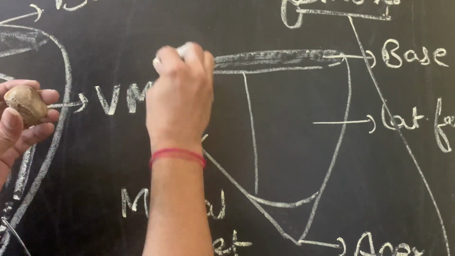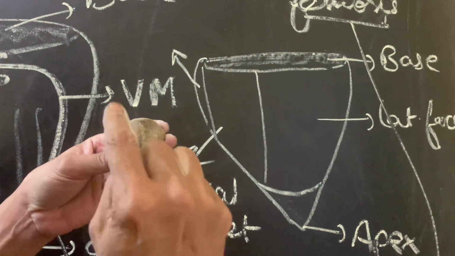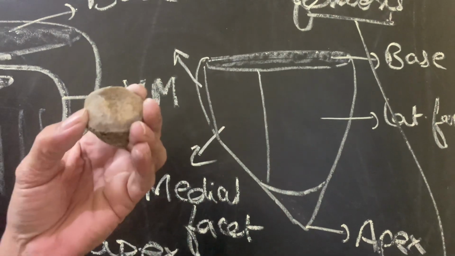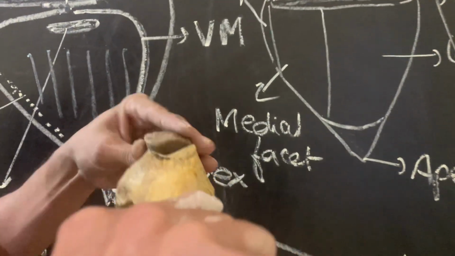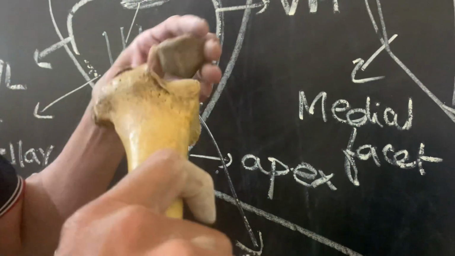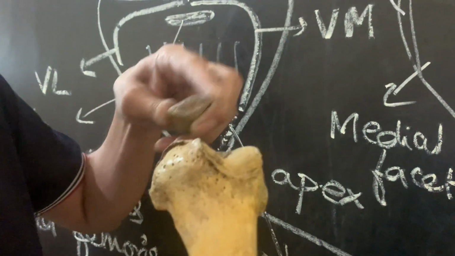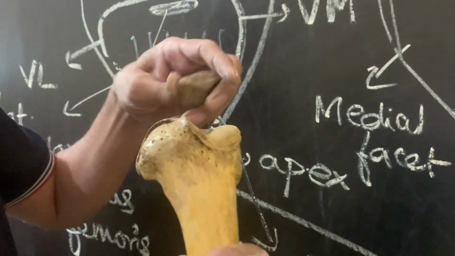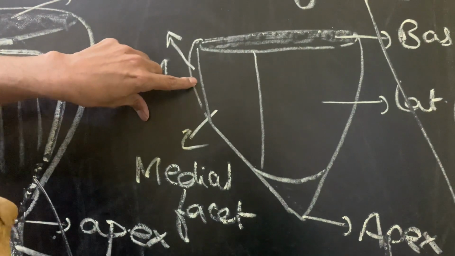This medialmost area, during deep flexion, during complete flexion of the knee, comes in contact with the condyles of the femur. Is it clear? At this portion, the femur comes in contact with the patella.